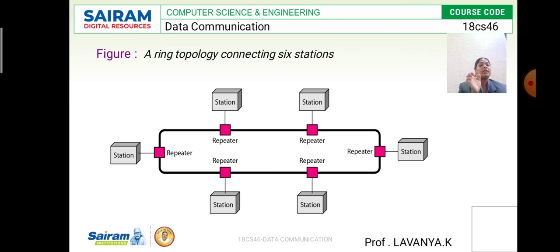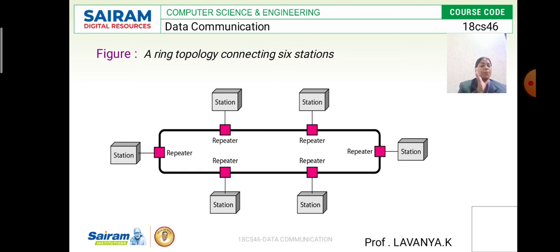Here, if station 1 wants to communicate with station 5, the data is not sent directly to station 5, because there is no direct connection between 1 and 5. So the data passes through station 2, station 3, station 4, and finally reaches the destination, station 5.